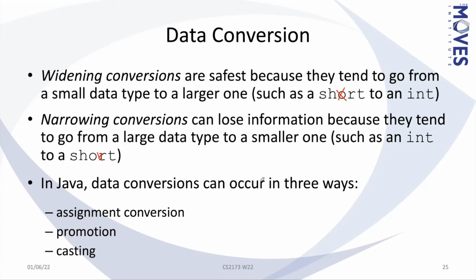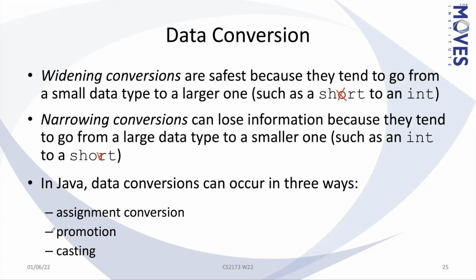However, I cannot take a long and assign it to an int. Why? Because a long could have values that are inadmissible for an int. A long has more possible values than an int does. And so the compiler says, you cannot assign a long to an int. You can assign an int to a long because that will always be successful.